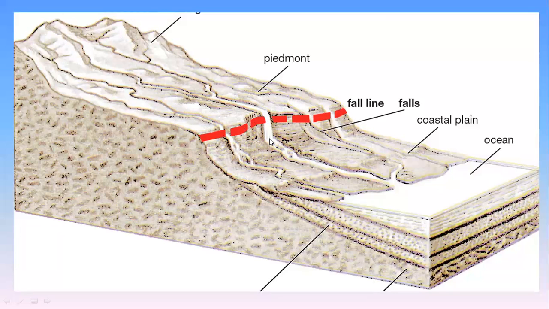Then the waterfalls form over this area, and again some rapids you can find over here, which is finally reaching the ocean. This line is called the fall line. The water is falling from a higher level to a lower level all of a sudden, and that forms the waterfall.